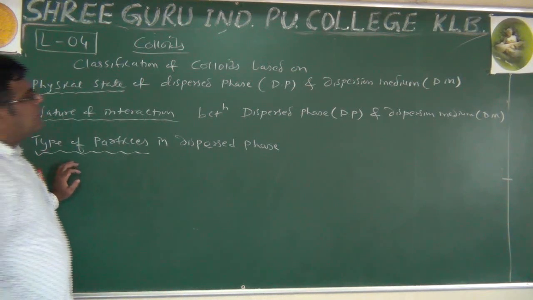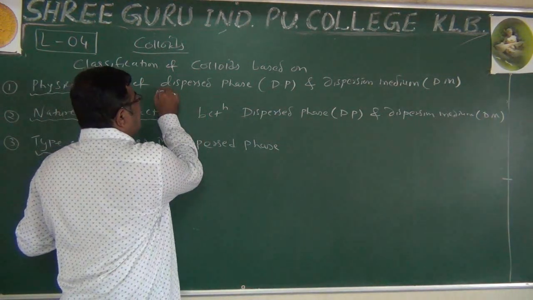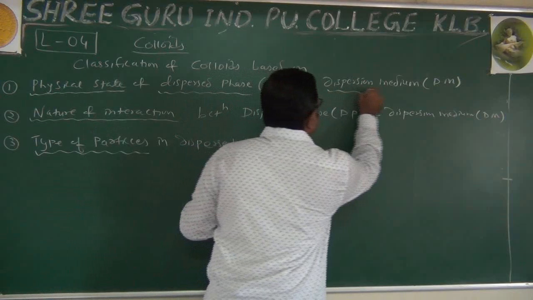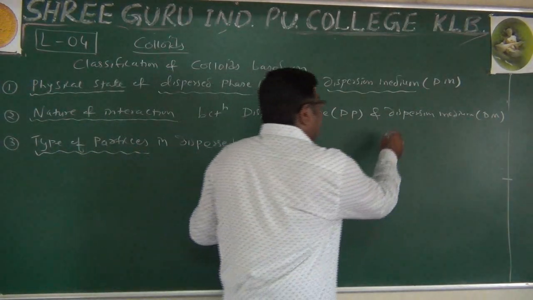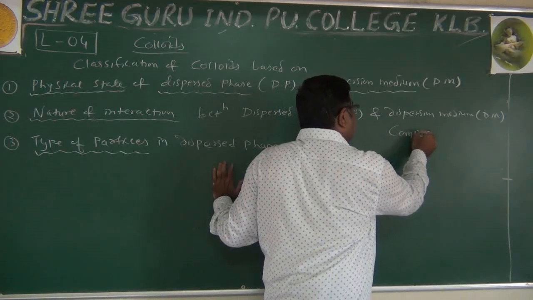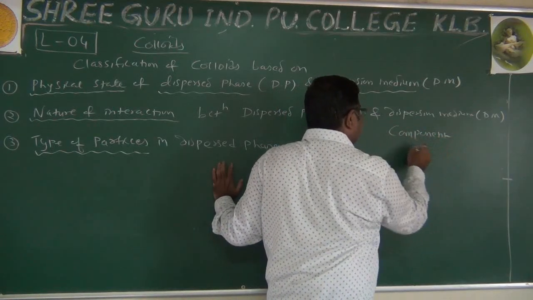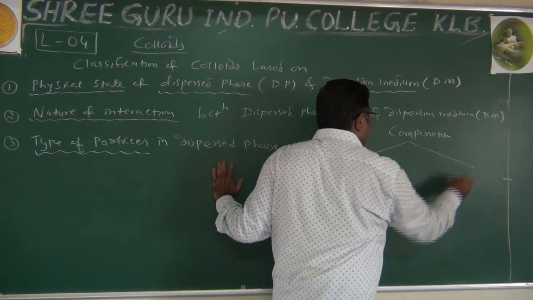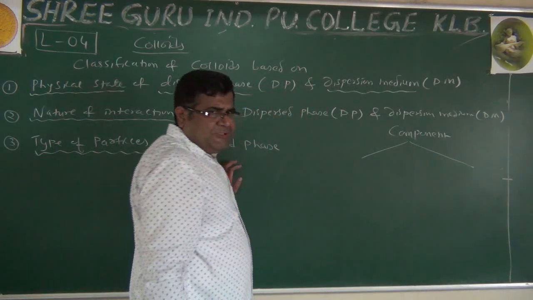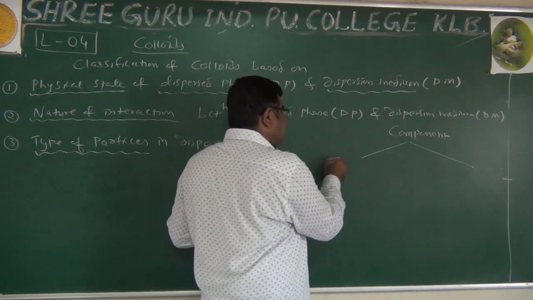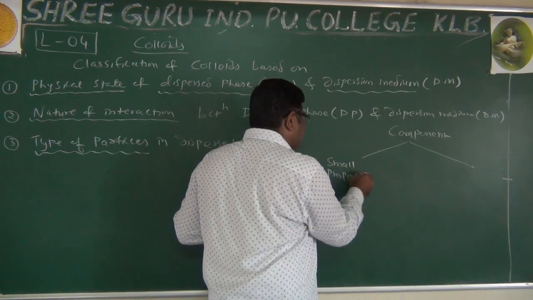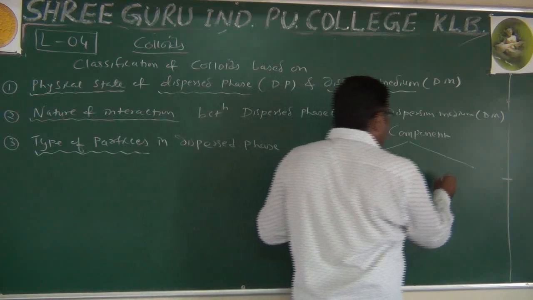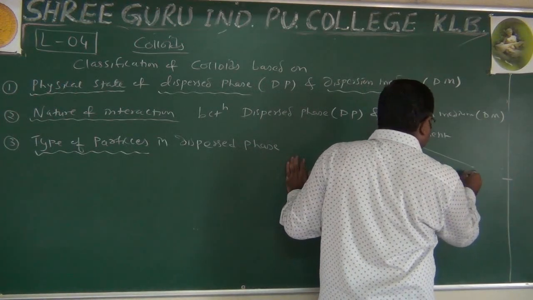So we should know now what we mean by dispersed phase and dispersion medium. When we talk about the components of colloids, there are two types of component, one present in small proportion and one present in large proportion.